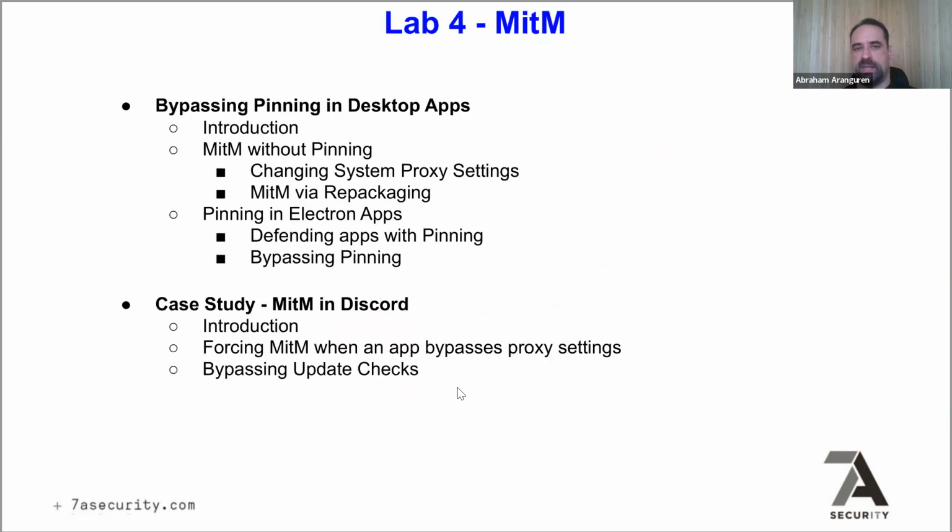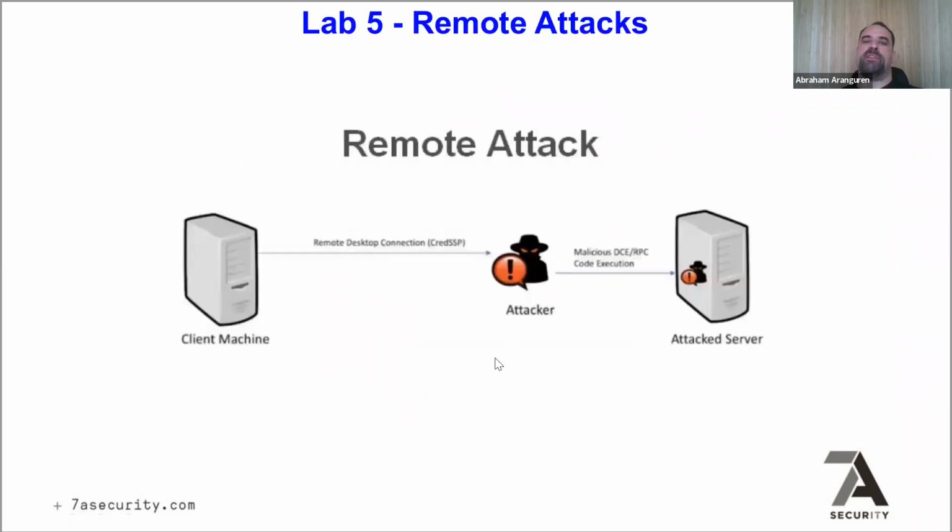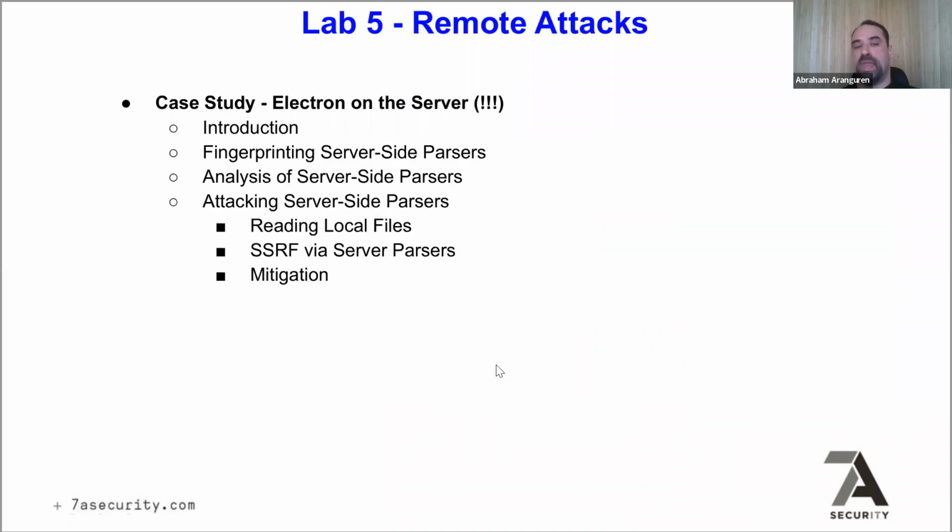Then we revisit man in the middle with other scenarios. Then remote attacks, this is a very cool lab because even though we call these hacking JavaScript desktop apps, sometimes it can happen that a web application runs an Electron component. Then all the techniques to hack Electron applications can be used in a web pen test, right?